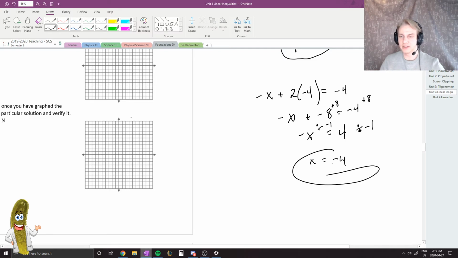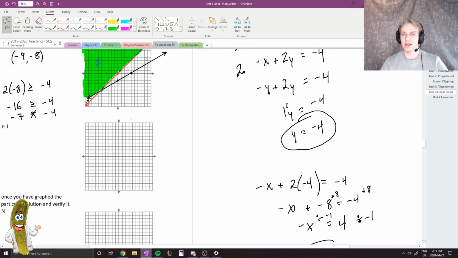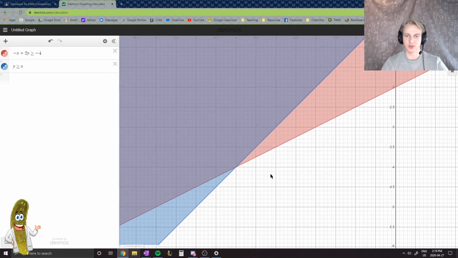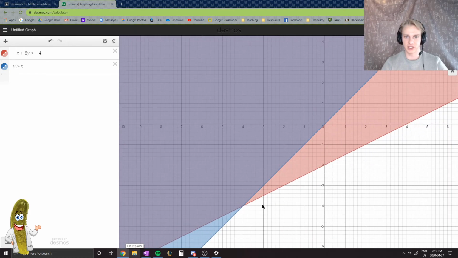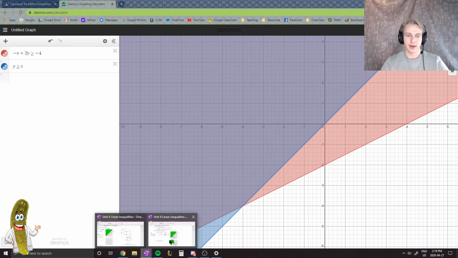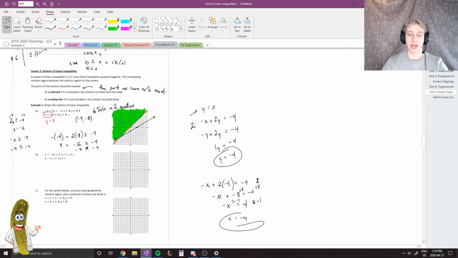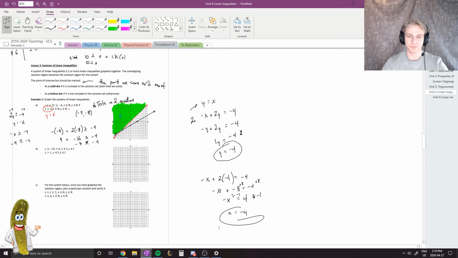We have our point of intersection as negative 4, negative 4, which was exactly what we saw in this Desmos graph. So that was substitution that you can use to solve and actually figure out the point of intersection.